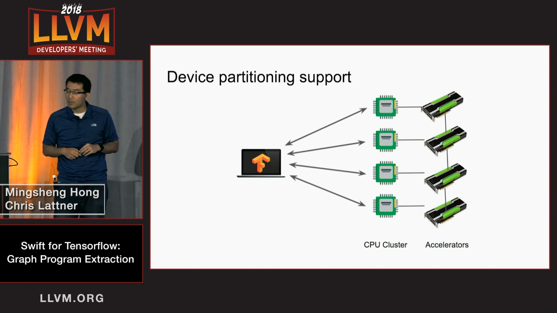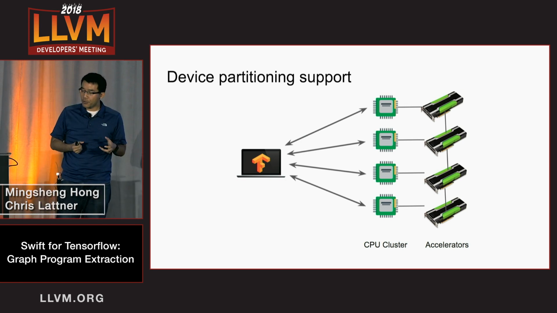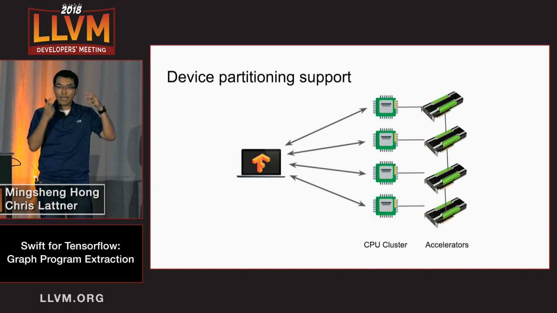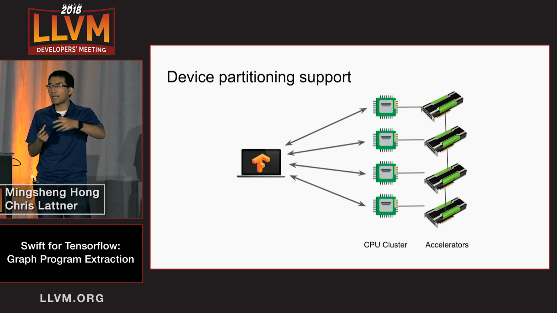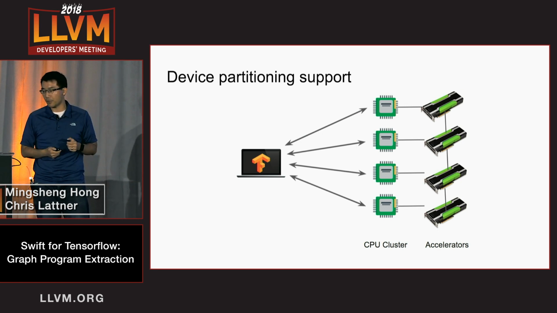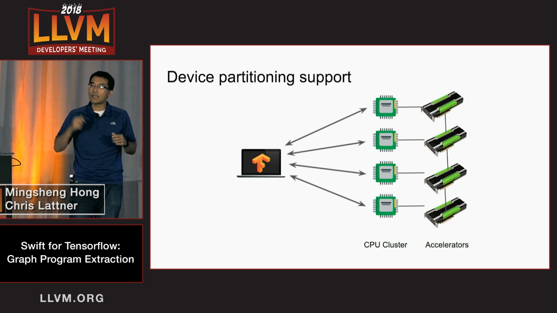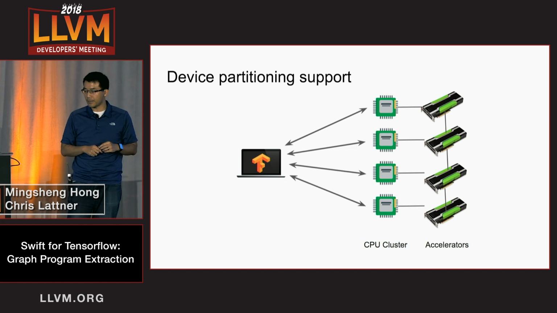So now, when we are given a graph function, we need to do something called device partitioning to split that graph function into a set of per-device or per-accelerator functions. And we can insert sends and receives if needed to do cross-device communication. This device partitioning support in the compiler is very similar to the host-graph partitioning that we just covered.